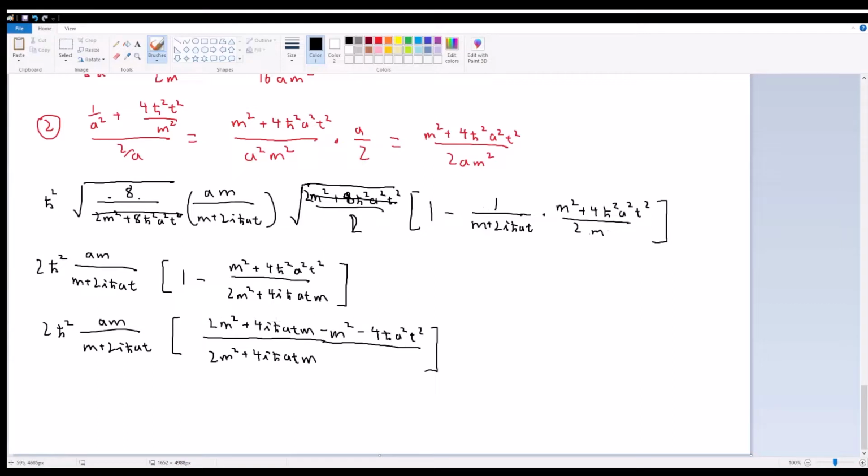Yeah, we can cancel out 2. So the 2m squares make an m squared. So this is going to be 2h bar am over m plus 2i h bar at. And then we have m squared plus 4i h bar atm minus 4h bar a squared t squared over 2m squared plus 4i h bar a t m. And I am out of room, so I'm going to extend my canvas and I will be right back.